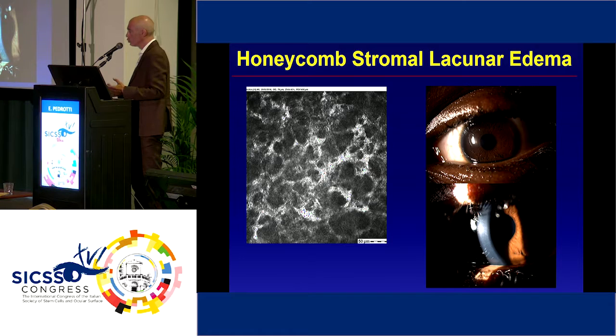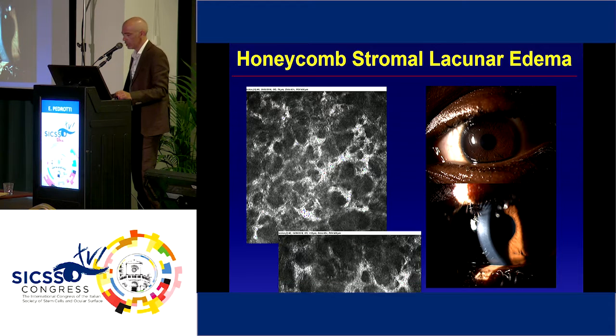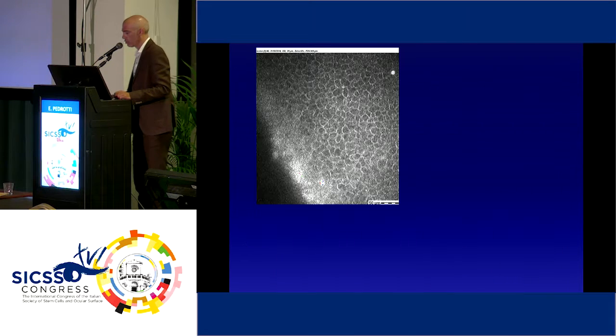This lacunar edema is due to the death of the keratocytes that leave these spaces in the stroma. They are visible in 43% of the patients, and they are the reason for that slight subepithelial haze that is considered a temporary complication of cross-linking, and this is an example.